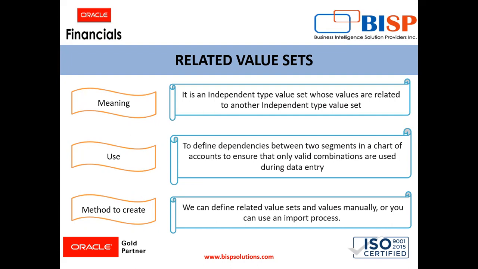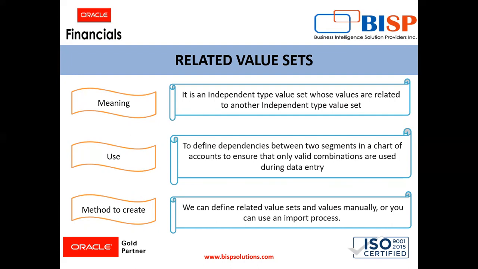And when we select that company, only those options for which we have created the relationship will be available for that company. This way we set the relationship between the value sets, which is known as the related value sets.